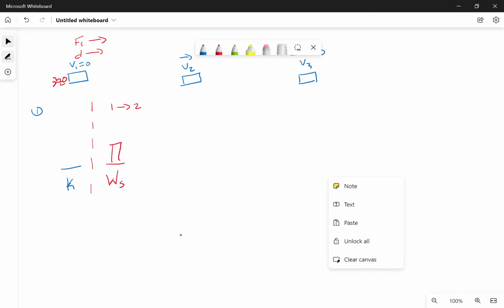So now when I go to my next bar, and I'm actually going to use a solid line here, what I'm going to see is that when I draw that same bar as before, I'm showing that I have kinetic energy, but now I can see where it came from. I can see that, okay, I had none, and then I added this amount, and so now in this state, I have this much.